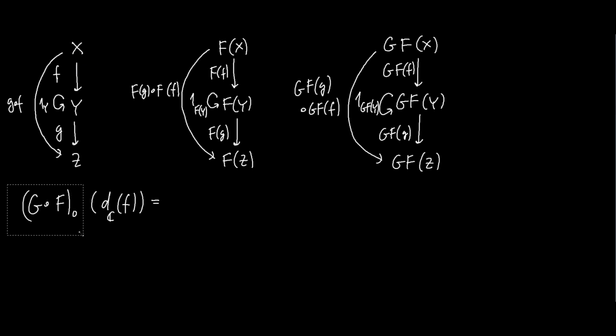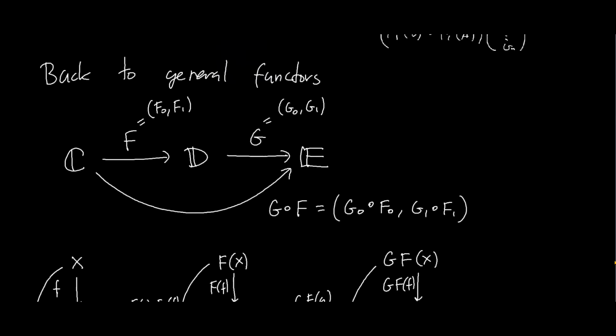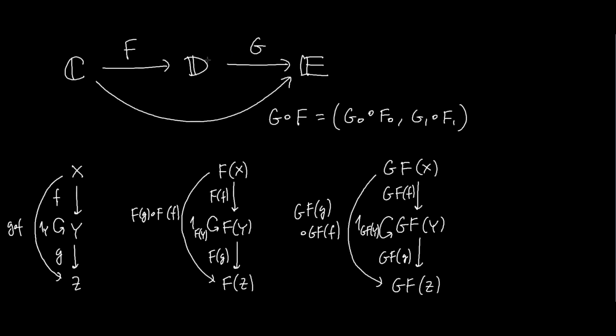Let me go back to my notation here. So remember, the composite of g and f is defined as this pair. When I have a functor h, this would be h0 and this will be h1. So that means that g composed with f0 is equal to the composite of g0 and f0. In the same way here, g composed with f1 equals g1 composed with f1.